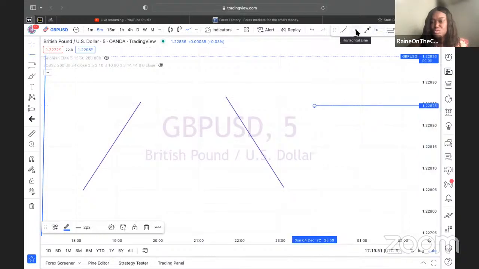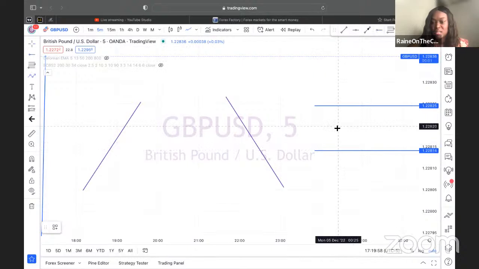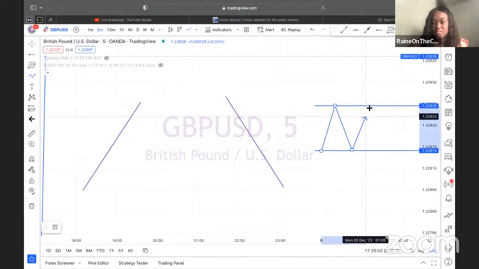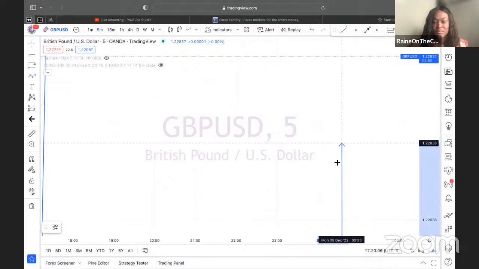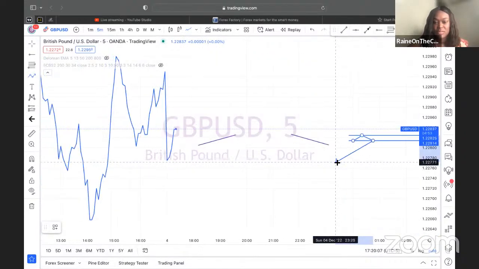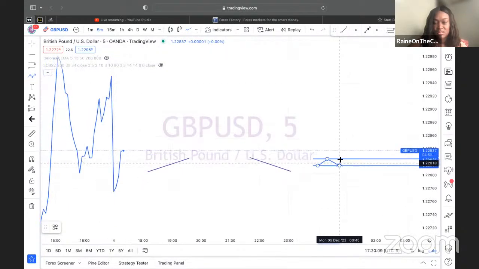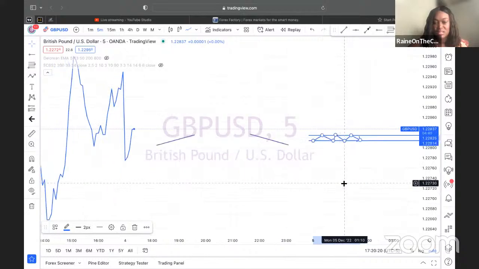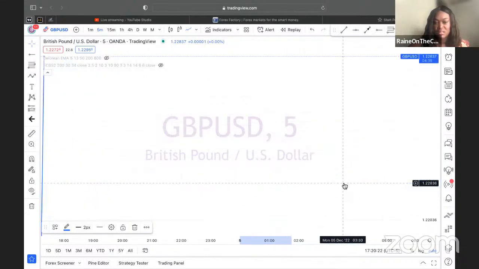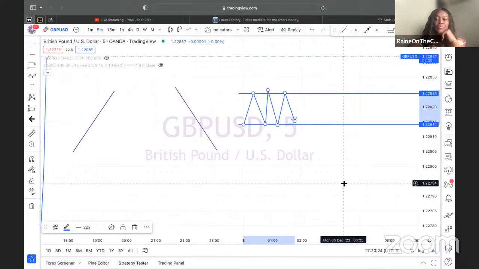And price moves like this. Okay, I don't know what just happened. Moves like this. Okay.